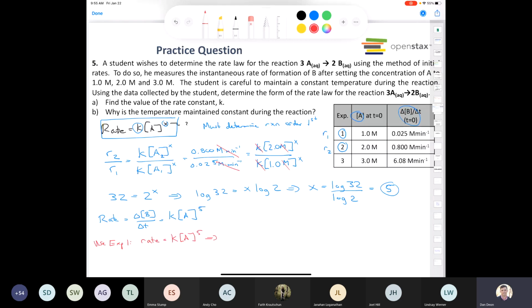That means K is equal to rate divided by A to the power of 5. So K is equal to 0.025 moles per liter per minute divided by A, which is 1.0 molar to the power of 5. Oh, I left my units out, didn't I? There we go. So it's molar to the power of 5.